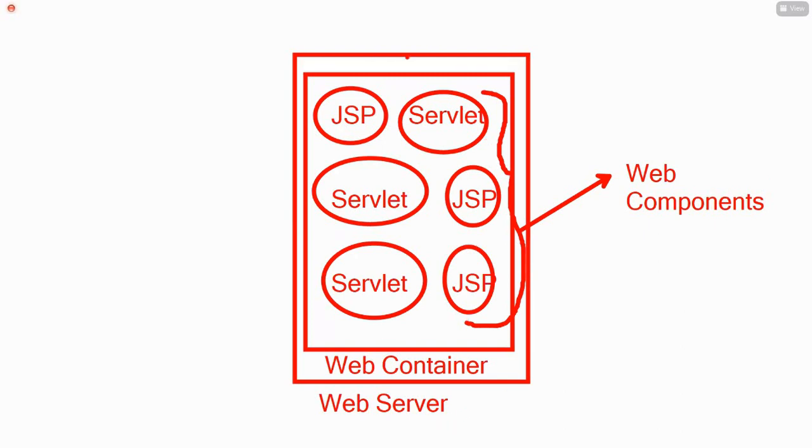In this software, it is one part. In that part, web components will be placed. So if you want to place a Servlet, a container is required. The container is available in the web server. Servlet will run here. So Servlet programs, JSP programs, and filter programs, all these, Spring MVC, Struts, all come under web components. These all will run in the web container software. Web container is a software available in the web server software like this.